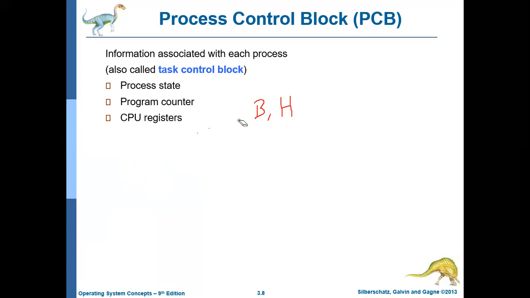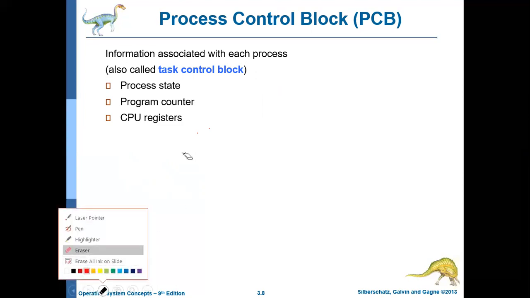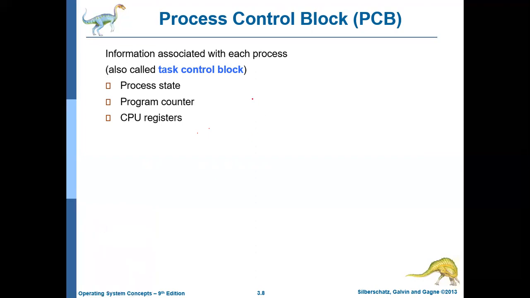So these are the different CPU registers. The values of the CPU registers are also part of the PCB, process control block. Okay. And another important thing is, whenever there is an interrupt, the process will push the entire content of PCB into stack.